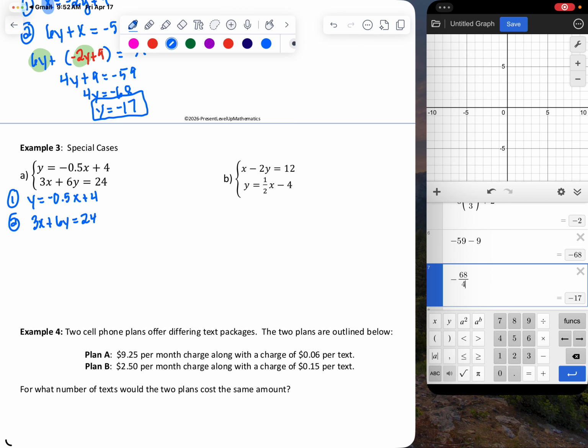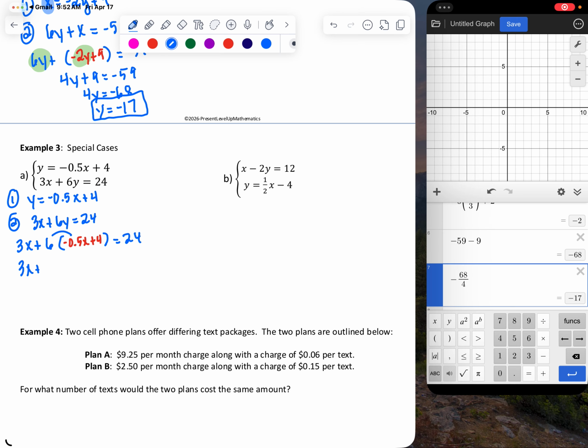And then we will replace the y. We'll replace the y with parentheses, not the x. So 3x plus 6, big parenthesis, equals 24. And I'll plug in negative 0.5x plus 4. So 3x, now distribute the 6.